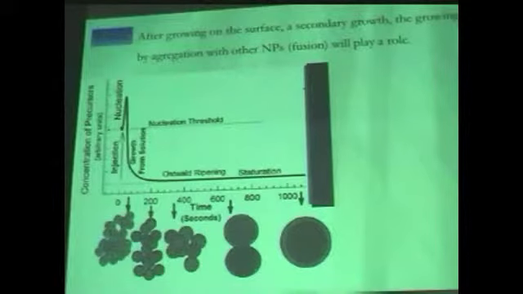So the final mechanism, fusion, is operational at the end of Ostwald ripening. After growing on the surface, there is a secondary growth, growing by aggregation with other nanoparticles, and we can see the fusion of larger nanoparticles obtained in the Ostwald ripening mechanism, and we obtain micrometric crystals.